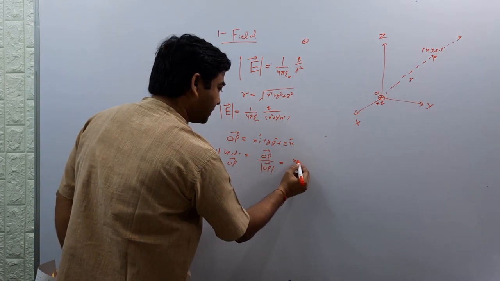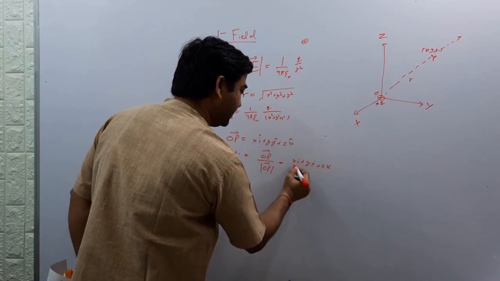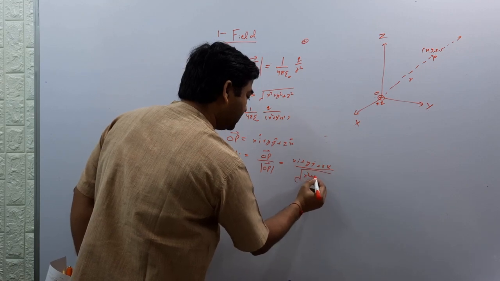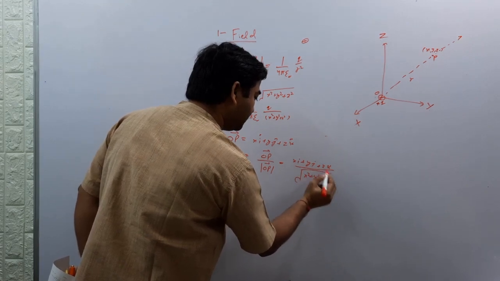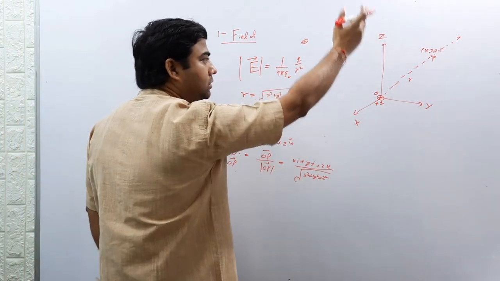That is xi plus yj plus zk divided by under root x square plus y square plus z square. So this is the unit vector along OP.